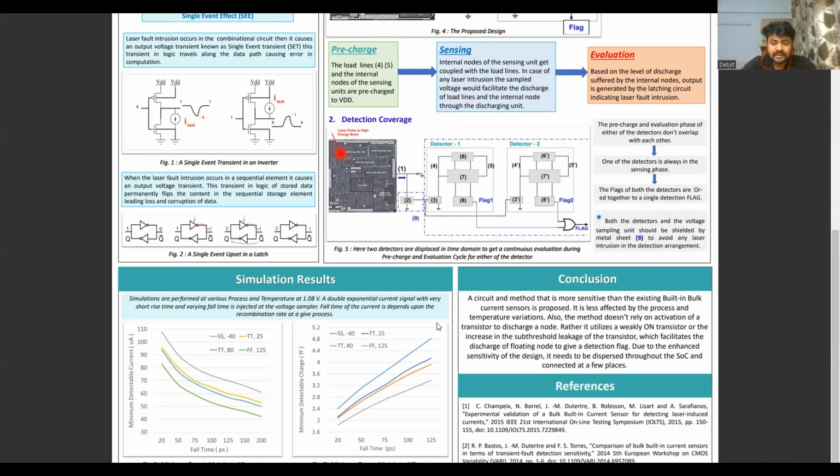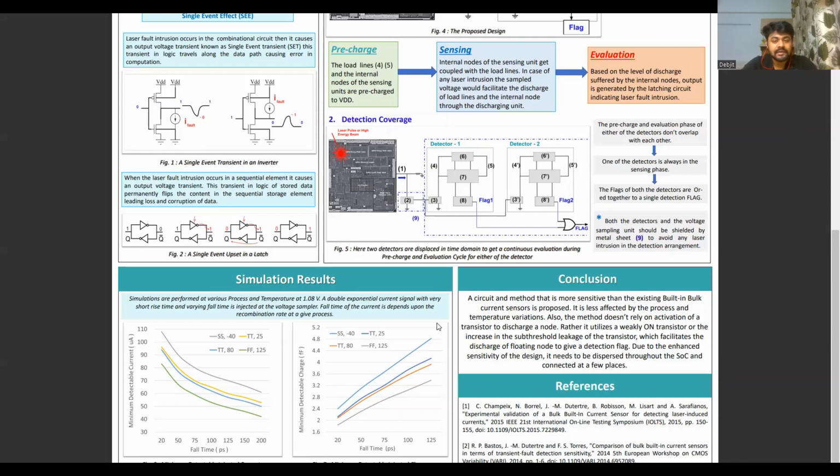It is less affected by process and temperature variation. Also, the method does not rely on activation of a transistor to discharge a node to indicate a laser attack. Rather, it utilizes a weakly-on transistor operating in the subthreshold region, which facilitates the discharge of the floating load lines and the internal nodes of the sensing unit to give a detection flag.